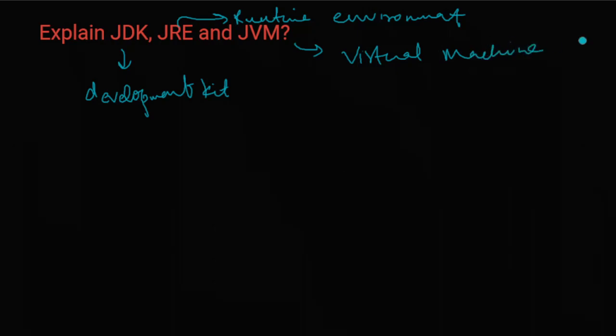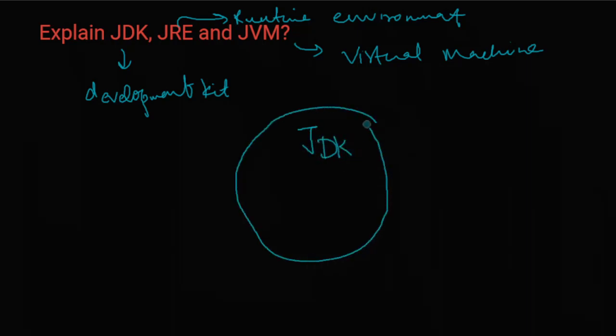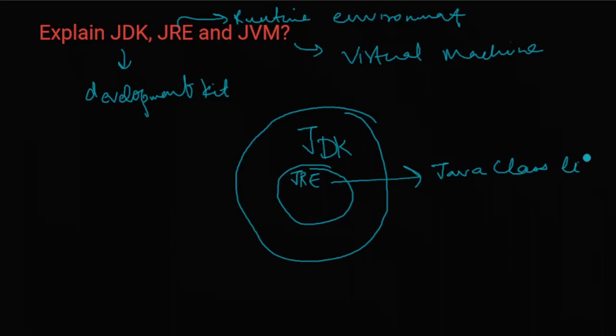Now what's the difference? How does Java run? In any JDK, the Java Development Kit, we have the JRE, the Java Runtime Environment. The runtime environment consists of all the Java class libraries, which you use.